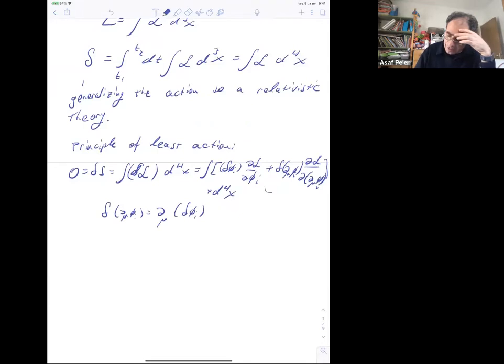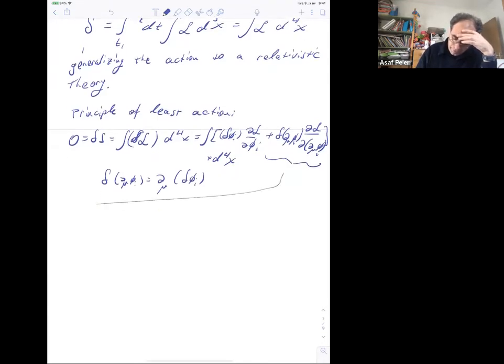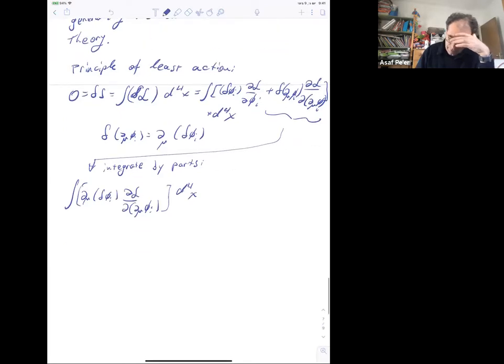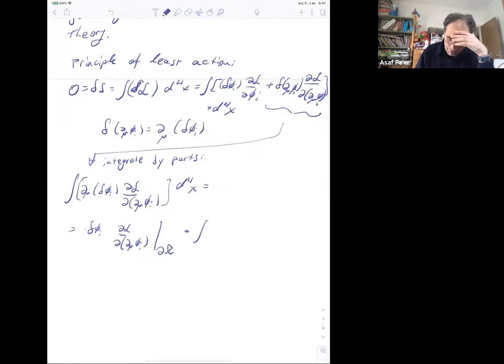And then we can take this term and integrate it by parts. Integral d_mu delta phi_i dL over d(d_mu phi_i), d^4x is just delta phi_i times dL over d(d_mu phi_i) at the boundaries of the volume we're integrating, minus integral delta phi_i d_mu dL over d(d_mu phi_i), d^4x.